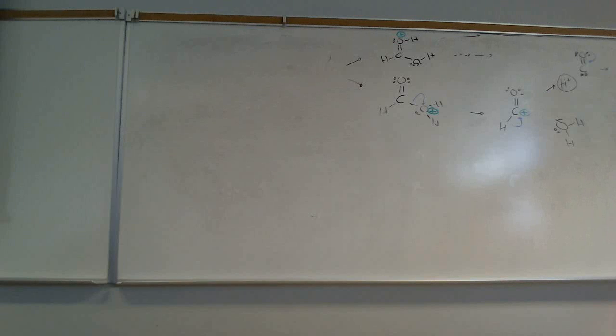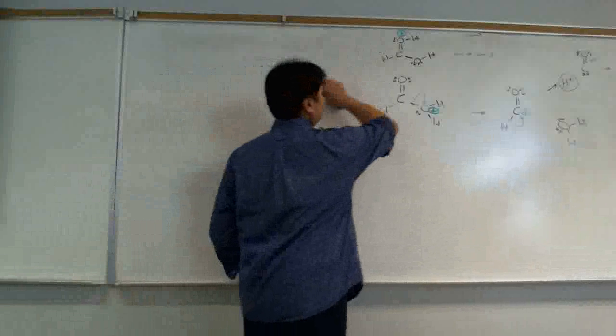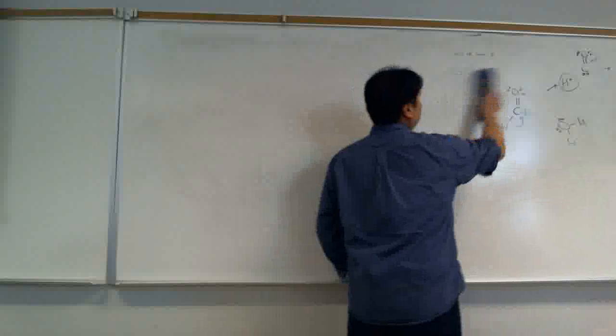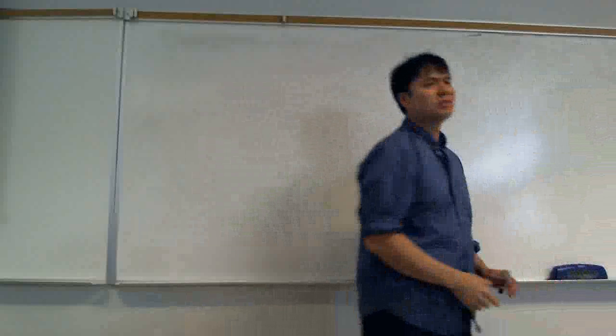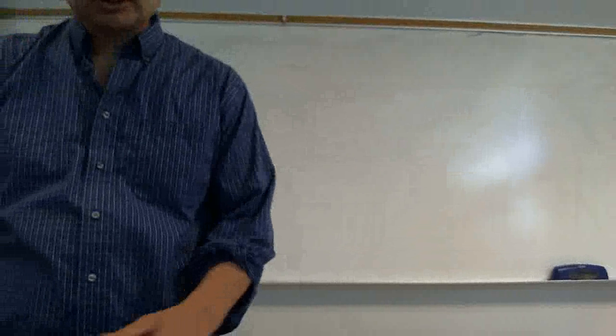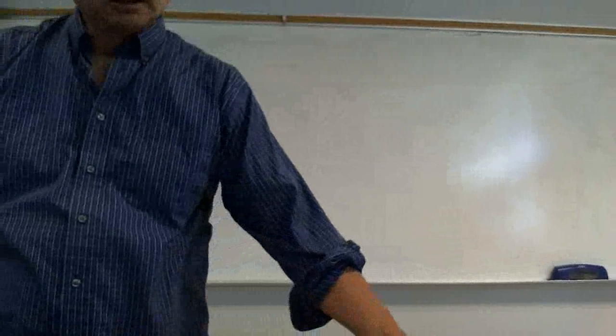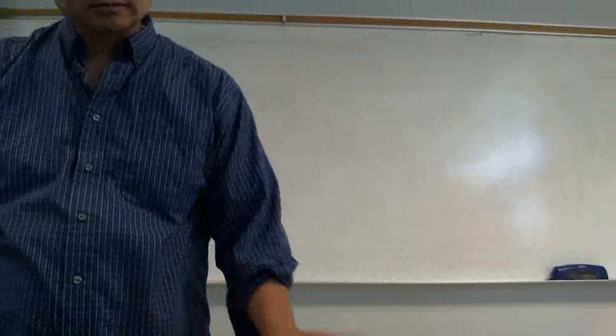In fact, in organic chemistry, formic acid is an organic chemical. In organic chemistry, you do a lot of this. Pushing electrons around, looking for acidic sites and basic sites, that type of stuff.